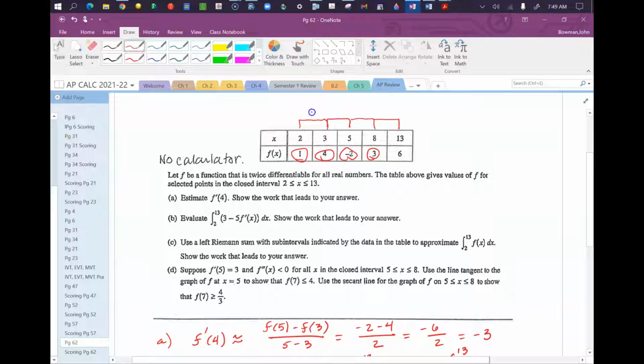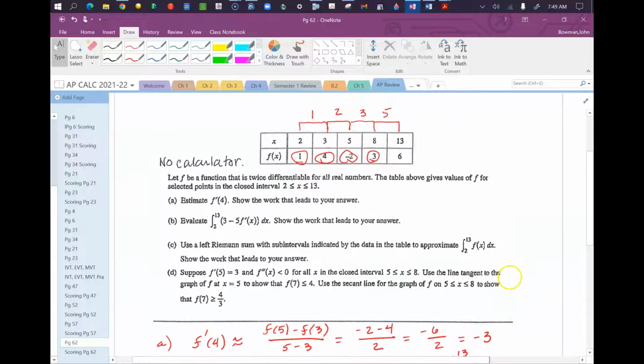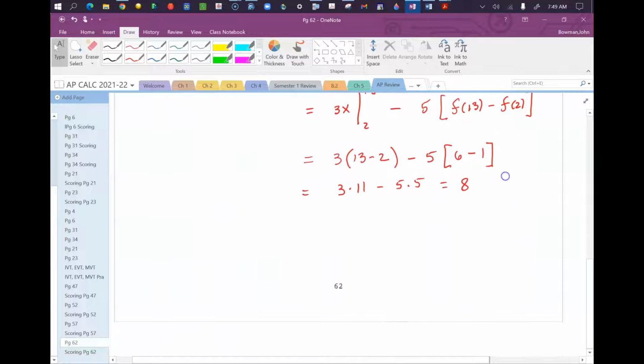So the widths of the rectangles are the difference in the x values. So a difference of 1, a difference of 2, a difference of 3, and a difference of 5. So our Riemann sum for that integral is going to be 1 times 1 plus 2 times 4 plus 3 times -2 plus 5 times 3.